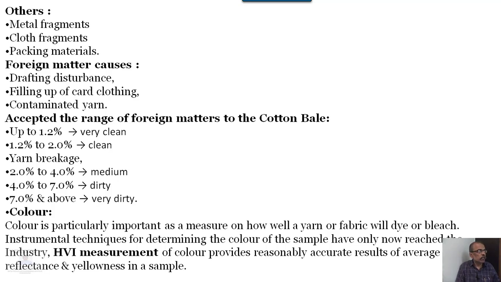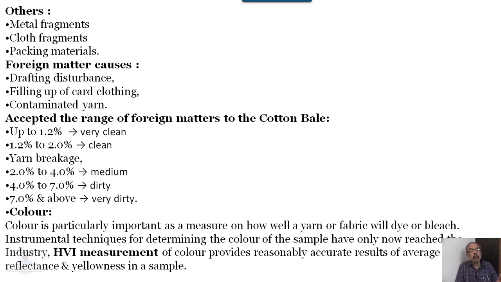For these dust particles, there is a certain range which is acceptable. Up to 1.2%. Normally international cottons will have around 1% trash. In the Indian situation, this trash content is on the slightly higher side. So these are the statements from our own considerations. 1.2 to 2% is clean.